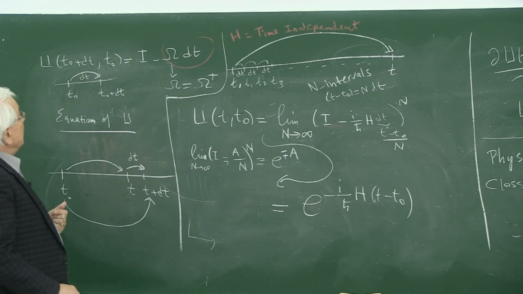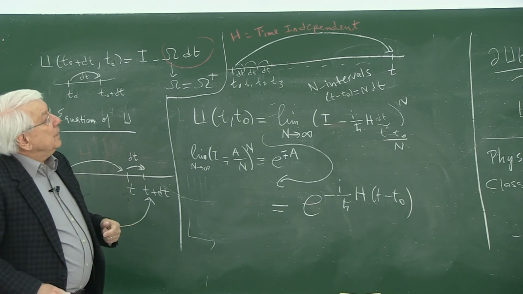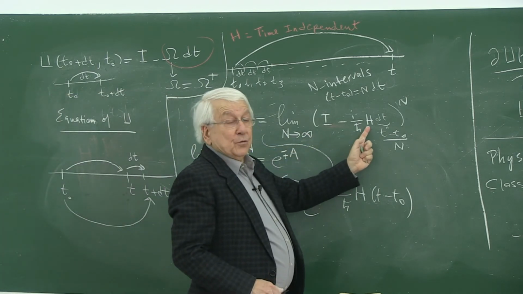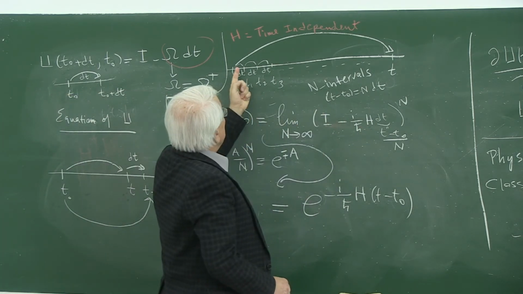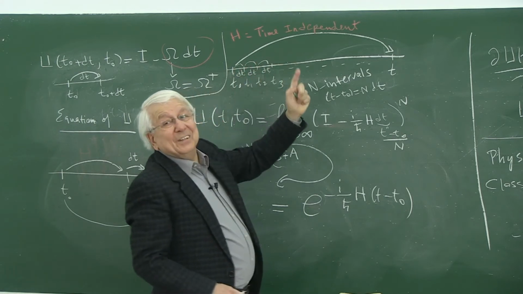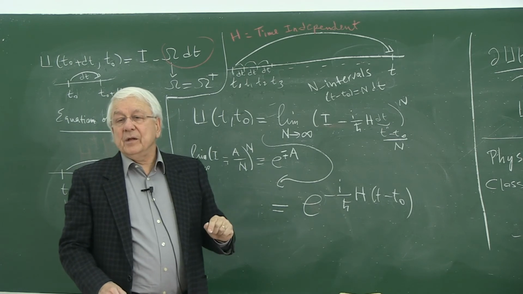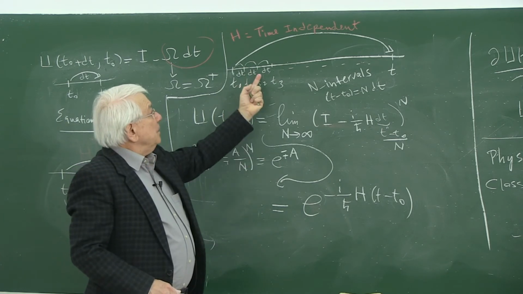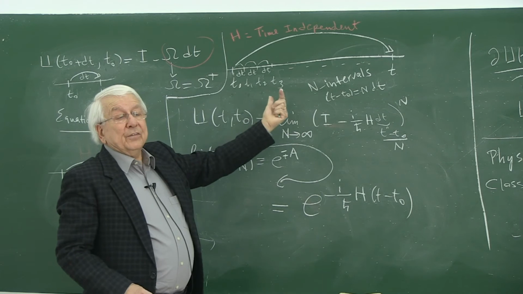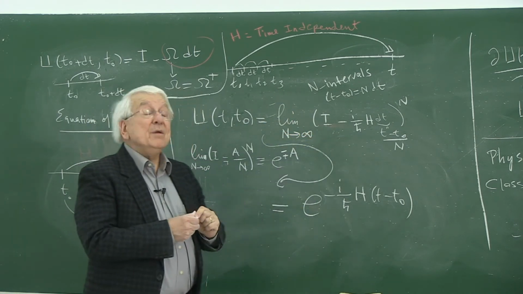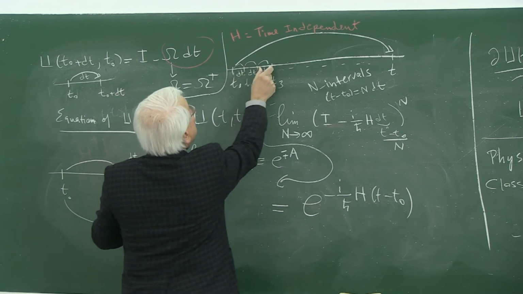Because if H depends on time, it may be different at these individual intervals. I wouldn't be able to write this. If H is time independent, and as the other entity is also independent of the endpoints, then I could use the same infinitesimal u for each transition.